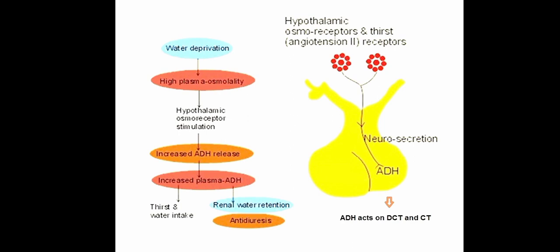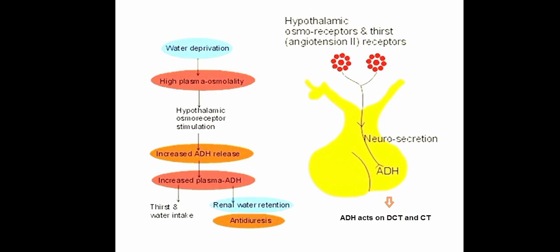Now what is the function of ADH? This ADH increases the permeability of the distal tubules and the cortical collecting ducts. That means this ADH hormone acts on the DCT and the collecting ducts.